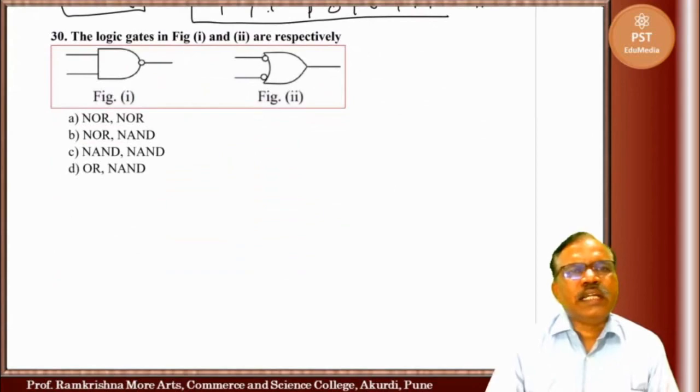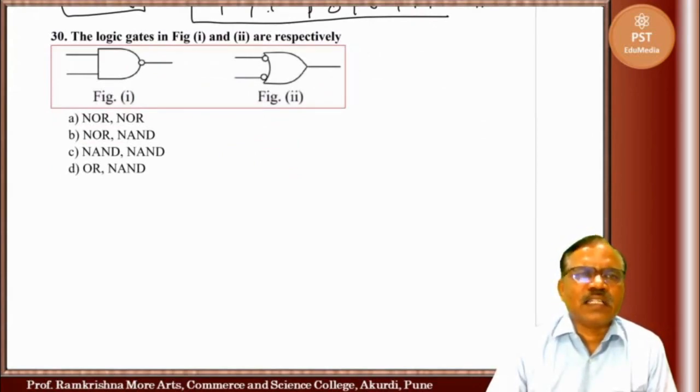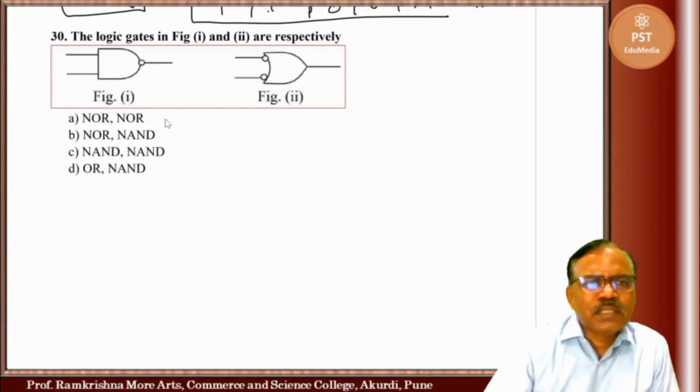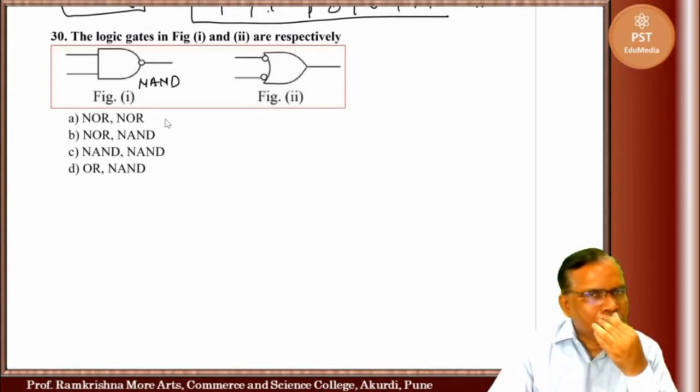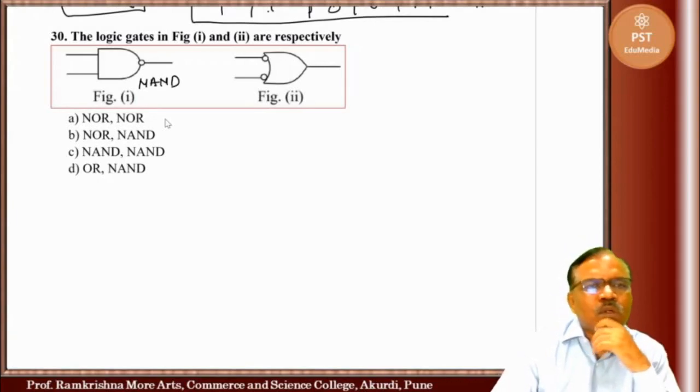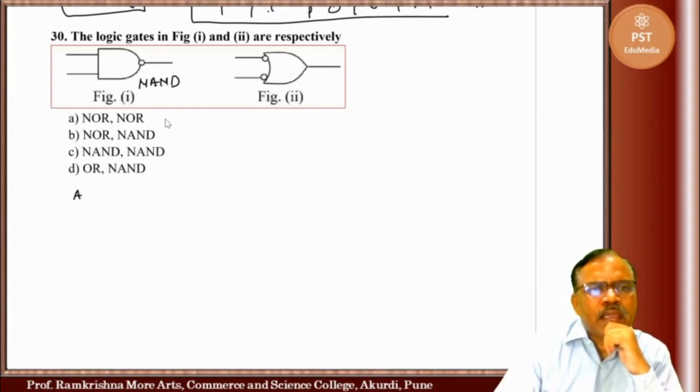Now the logic gates in figures first and second are respectively. Now this first figure is simply a NAND gate. So here we know A, B, and A B bar.